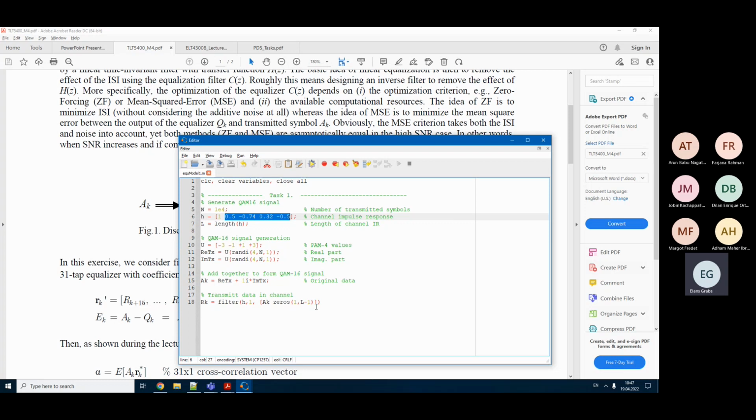So that is L minus 1 zeros to be added in order to get all the data. Then we need to cut out these first 4 symbols because they are incorrect. Only the 5th symbol is correct. So that is how this filtering works.